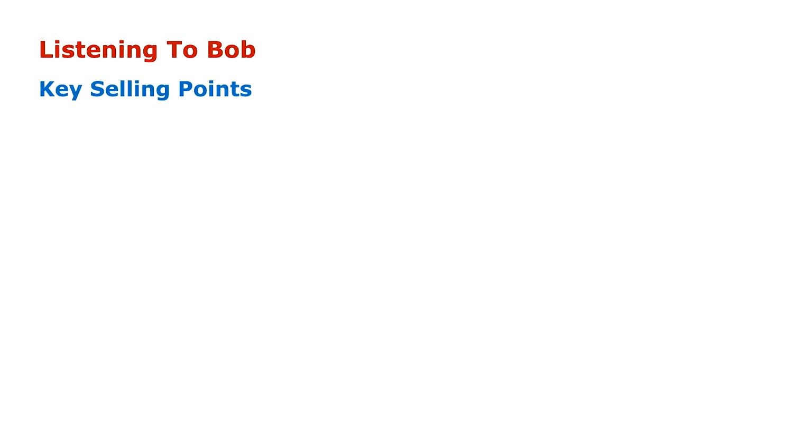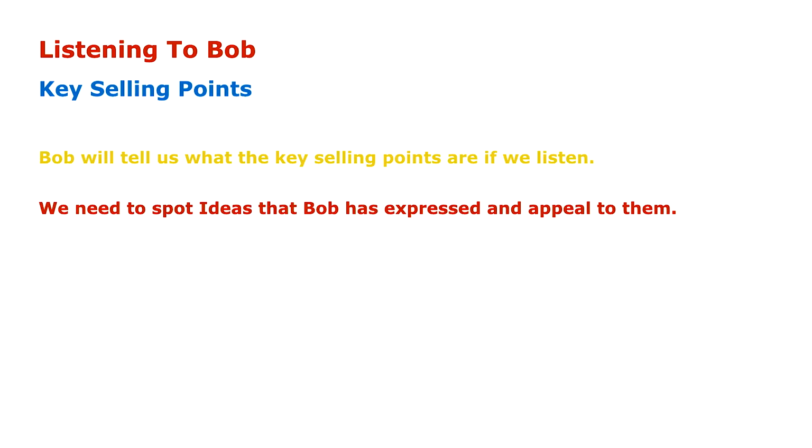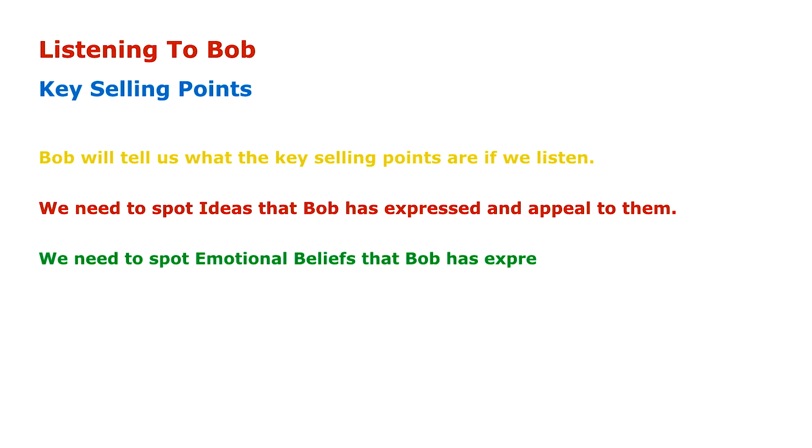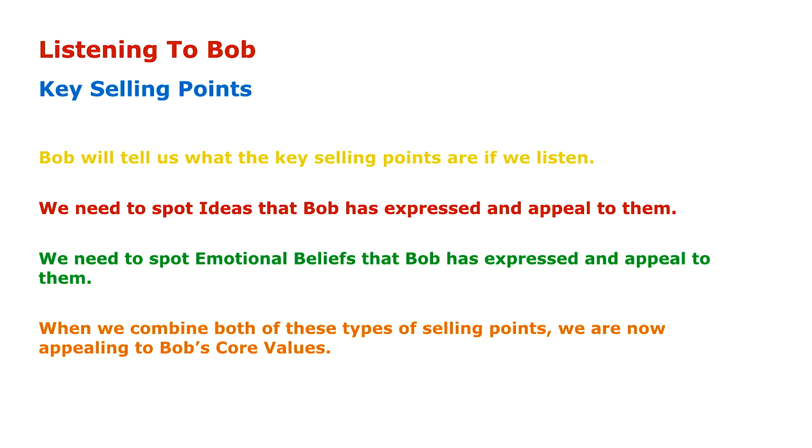Key selling points. Bob will tell us what the key selling points are if we listen. We need to spot ideas that Bob has expressed and appeal to them. We need to spot emotional beliefs that Bob has expressed and appeal to them. And when we combine both of these types of selling points, the intellectual and the emotional, we are now appealing to Bob's core values.